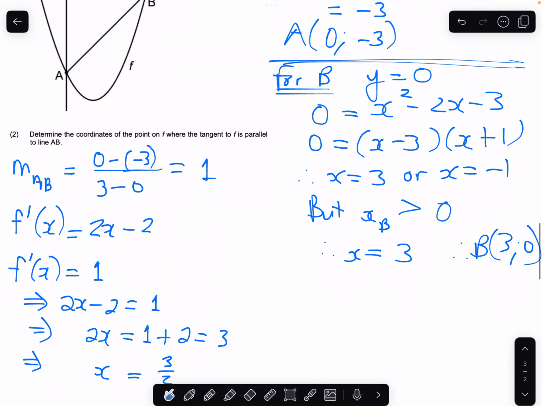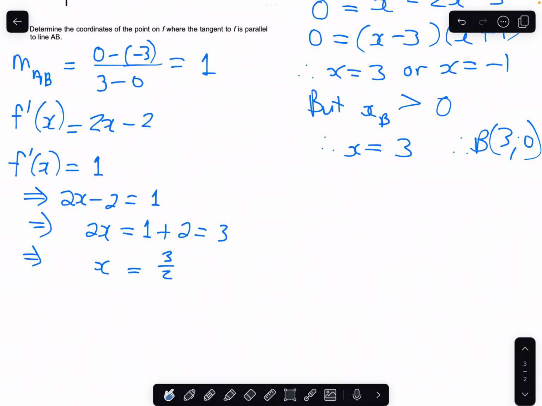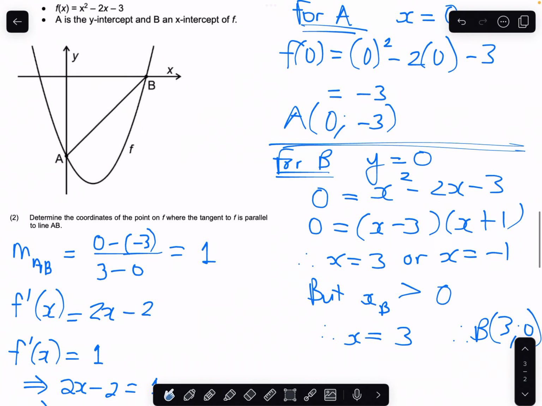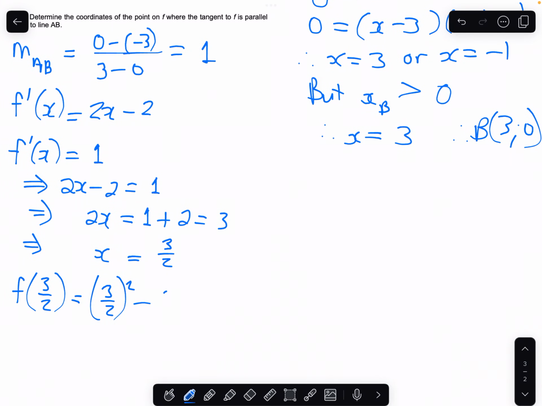Okay, so we know that the tangent will have a gradient of 1 when x is equal to 3 over 2. So the last piece of the puzzle, we just need to find what is the y value when x is equal to 3 over 2. So that will be 3 over 2 squared minus 2x minus 3. So minus 2 times 3 over 2 minus 3.